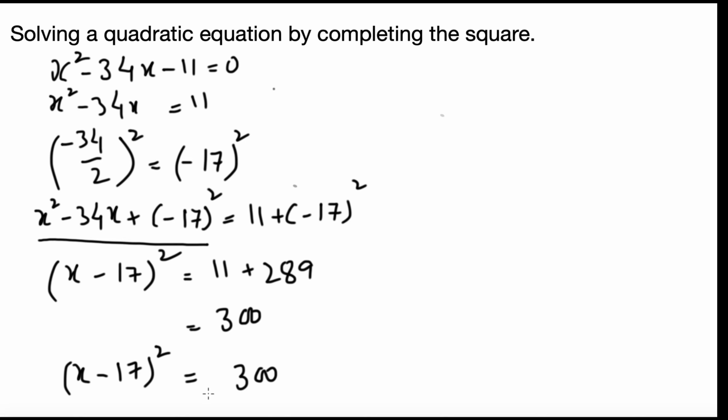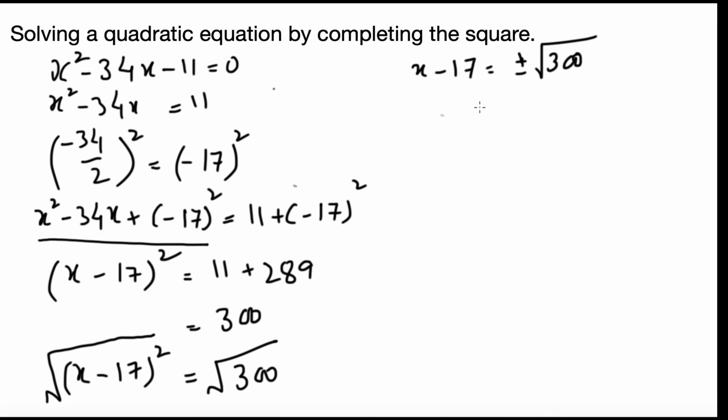We take the square root on both sides. 300 could be written as 100 times 3. 100 square root is 10.